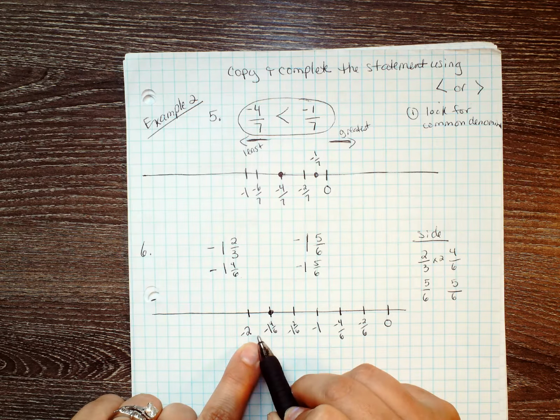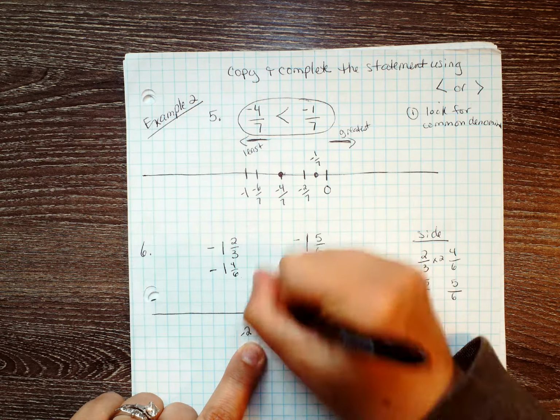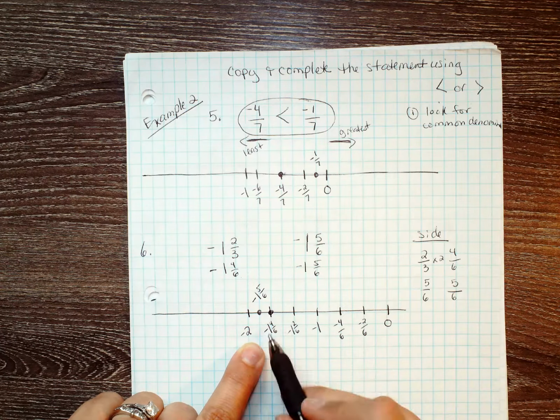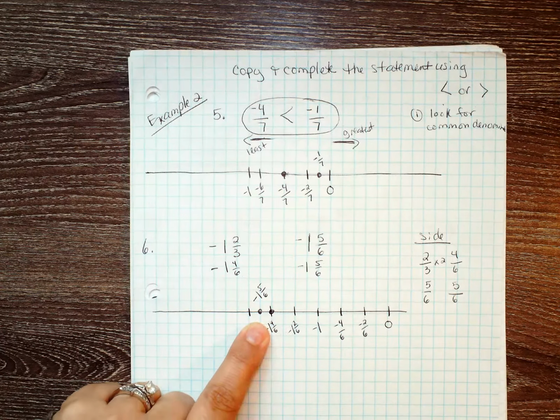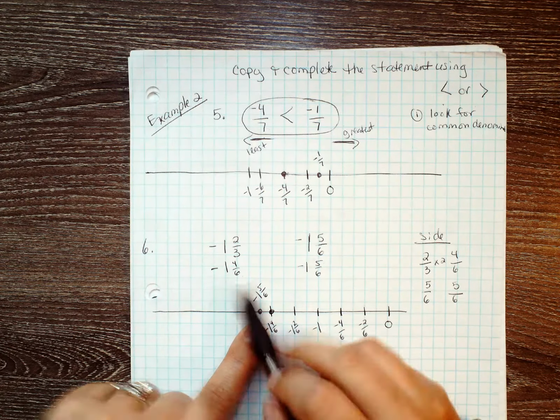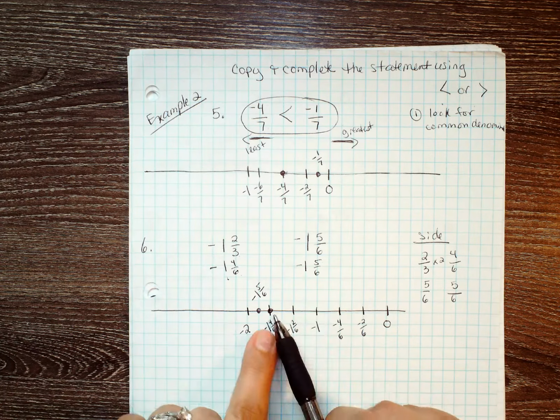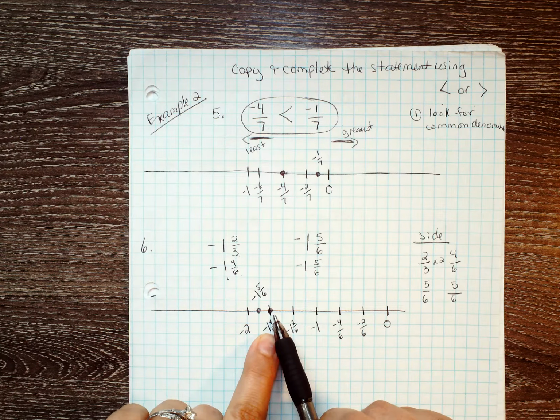So that means this is the -1 5/6. All right. So now we have our 2 dots that we're going to compare. So we are starting with -1 2/3, which is -1 4/6. So here's our -1 4/6. Is it furthest to the left or furthest to the right?